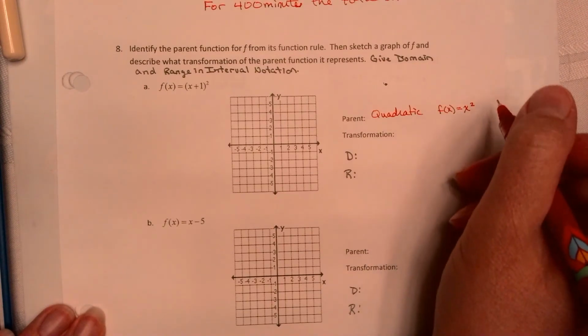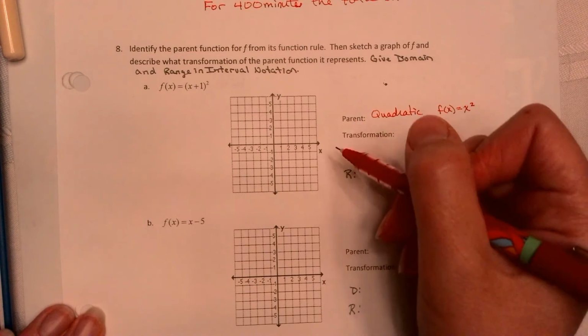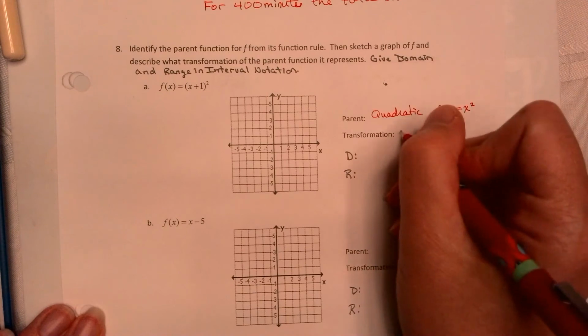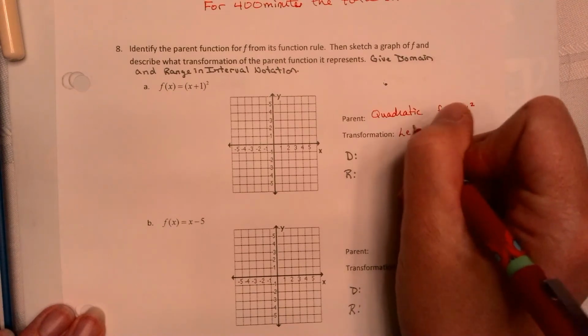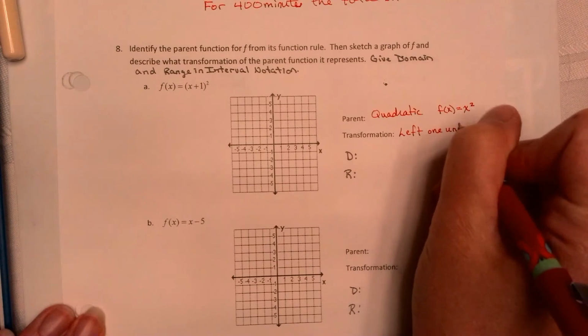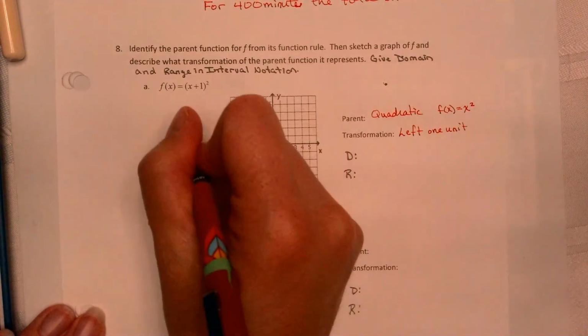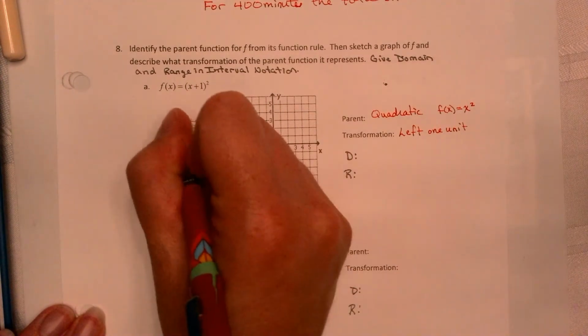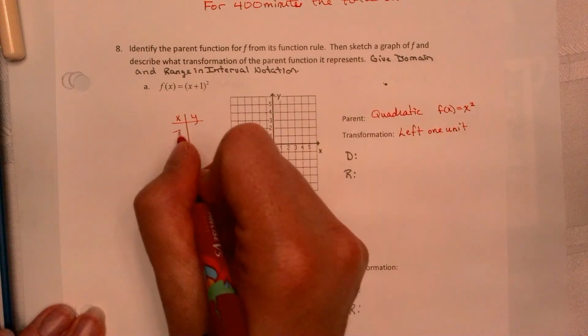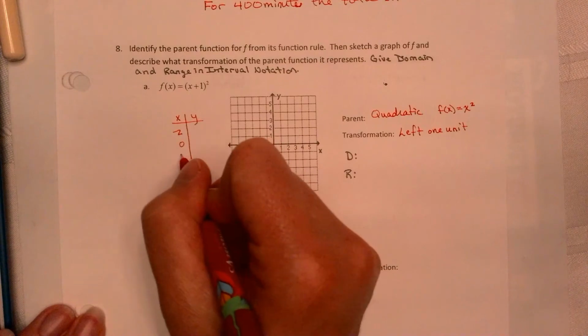Now, the transformation you might not be sure of until you graph it. I can tell you that this is going to go left 1 unit, and that is its only transformation. But if we're not familiar with that, we would always build a t-chart. I'm going to put -2 in, 0, and +2.